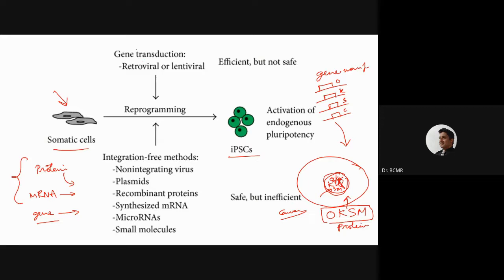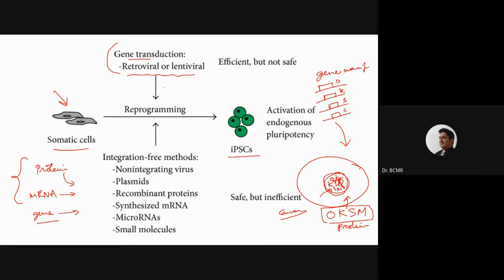So there are several ways of doing this. Gene transduction, where we are putting in genes and then reprogramming. You can use viral vectors to do that. This is beyond the scope of your course, but we will have a brief discussion on those.